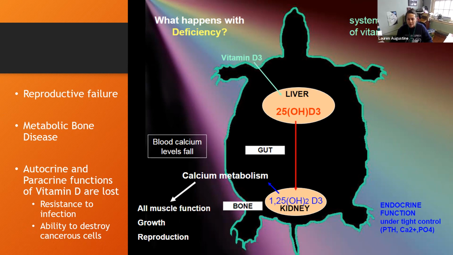It's a big problem. It used to be a big problem in herp husbandry, but not so much anymore now that we've identified the need for better UV light. And then different functions are affected: their resistance to infection, their ability to destroy cancerous cells. So UVB light and vitamin D3 are critical.